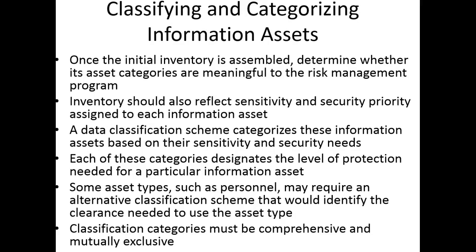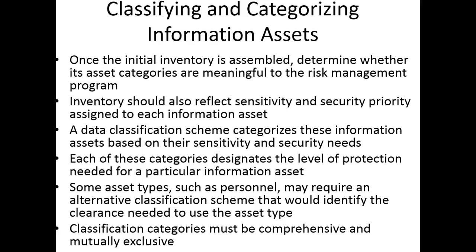Now let's look at classifying and categorizing the information assets. Once the initial inventory is assembled, we have to determine whether its asset categories are meaningful to the organization's risk management program or not. There needs to be a review, and the managers need to actually look at it.